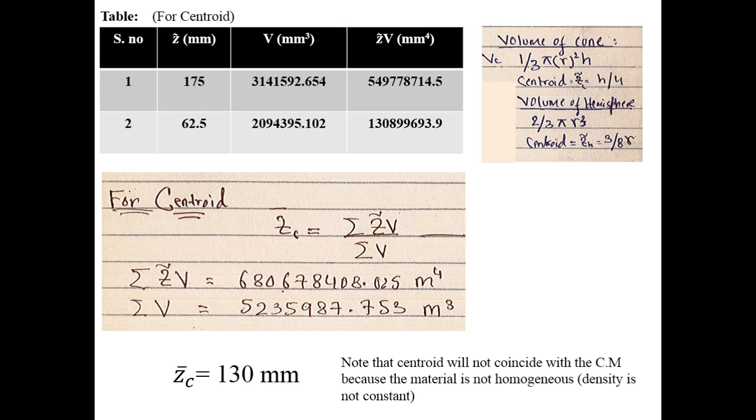So calculate the sum, this value plus this value. This gives you 680678408.025 millimeter 4. Actually, this is millimeter 4. And summation of V will be the addition of these two values, which is 5235987.753, and this is millimeter cube.